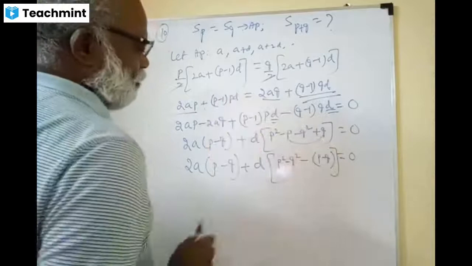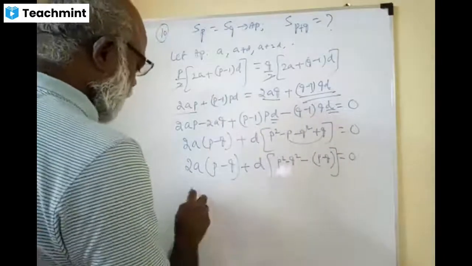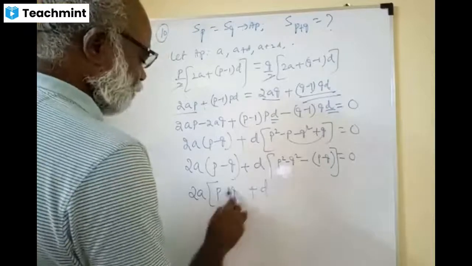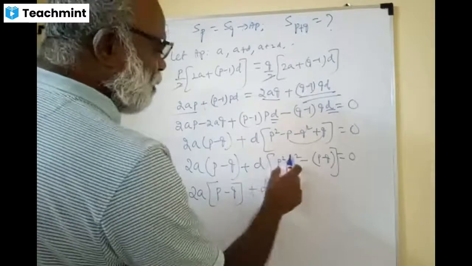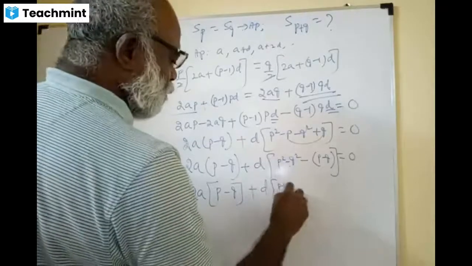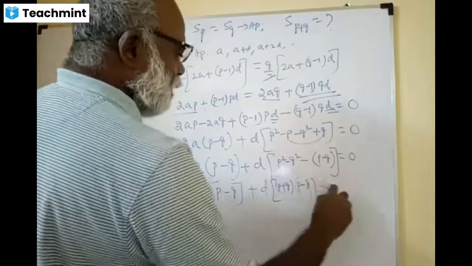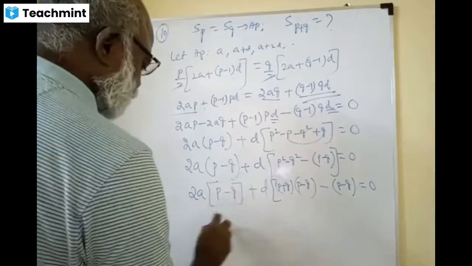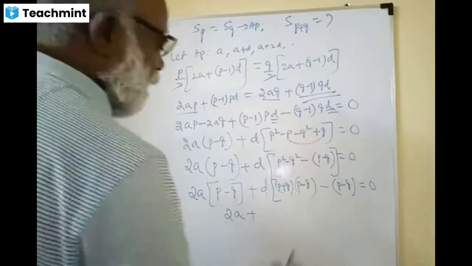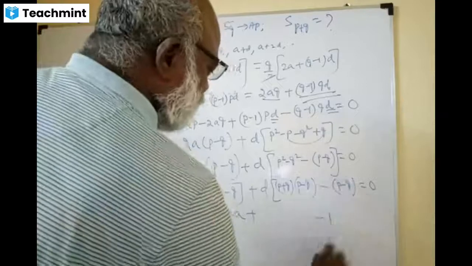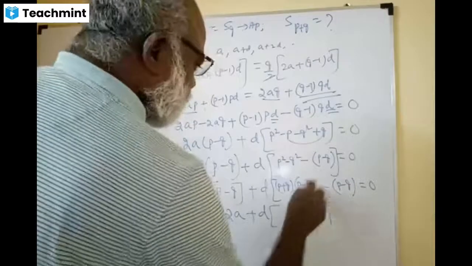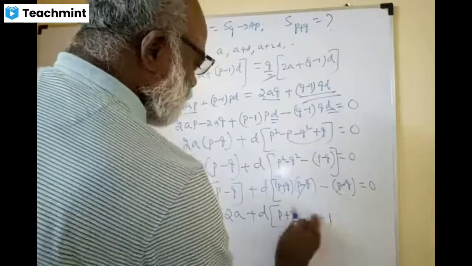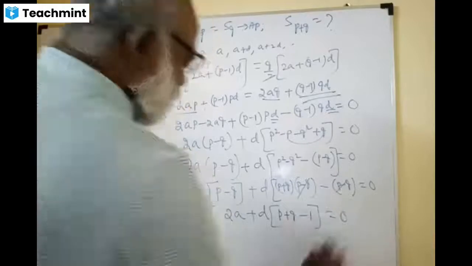Friends, you have 2A into P minus Q plus D into P square minus Q square, and P square minus Q square can be written as P plus Q into P minus Q, minus of P minus Q. So divide by P minus Q; it cancels. Here 2A P minus Q cancels, the minus 1 comes, D stays outside. Therefore P plus Q is remaining here, and this is minus 1, equal to 0, mark, please.